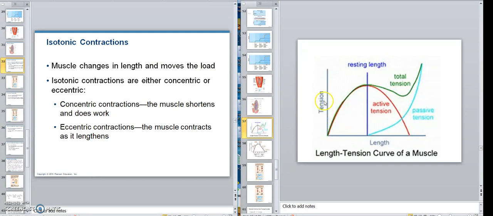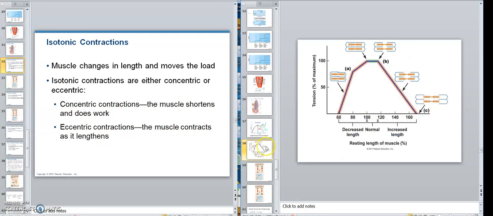This right here is what I'm going to call my length tension curve. The length is based upon the length of a sarcomere, let's say. So I'm going to go to this one, which is a good one. Now here's a sarcomere. This is what I want you to understand in this symbology.